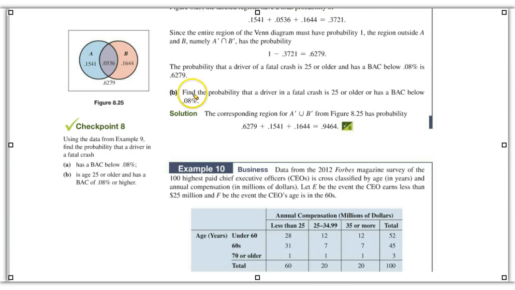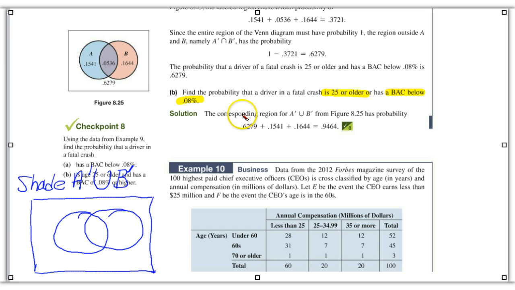Now, part B of this is rather interesting. Find the probability that the driver in a fatal crash is 25 or older, or has a BAC below 0.08.